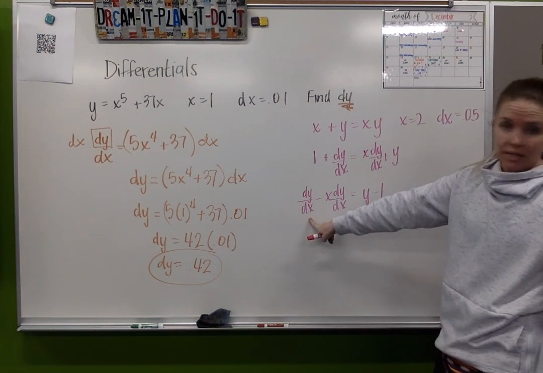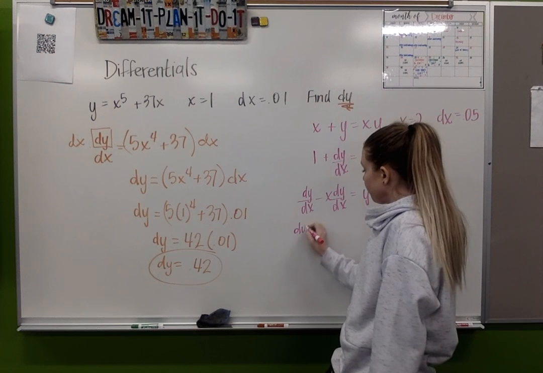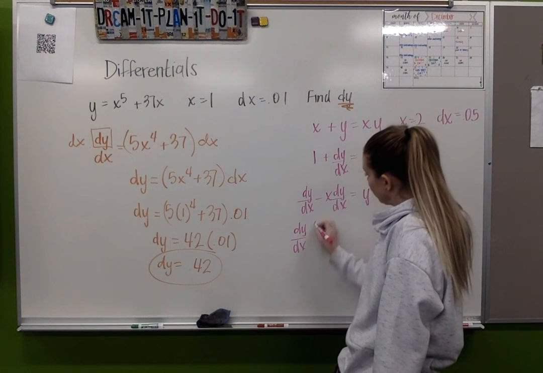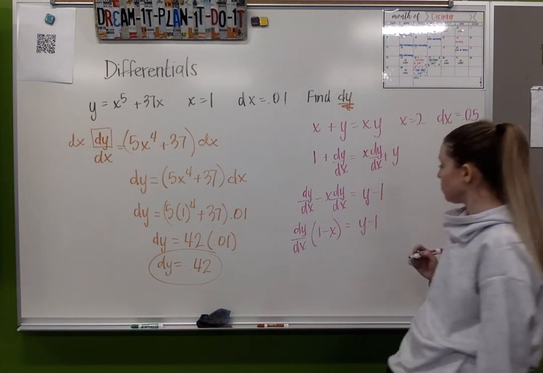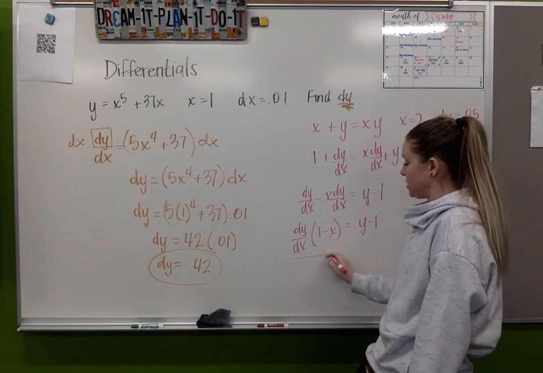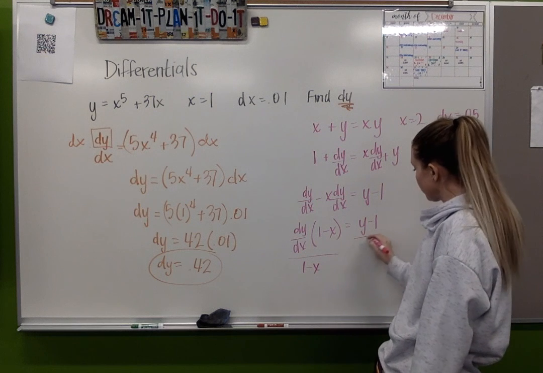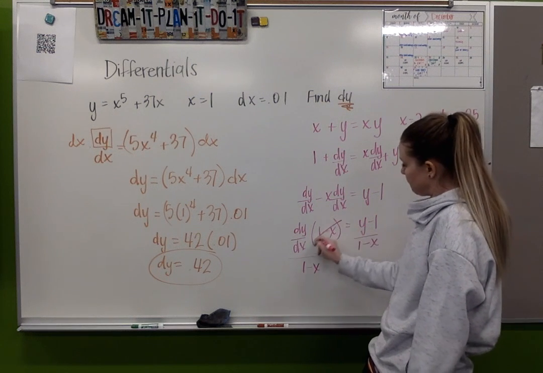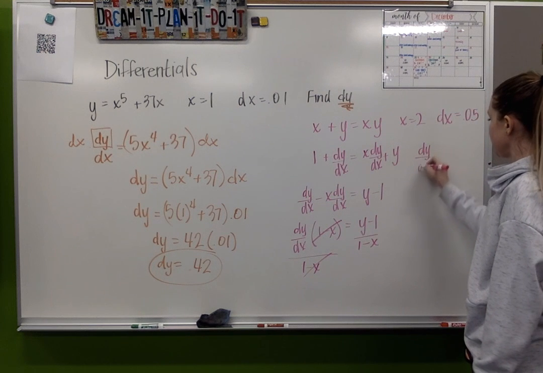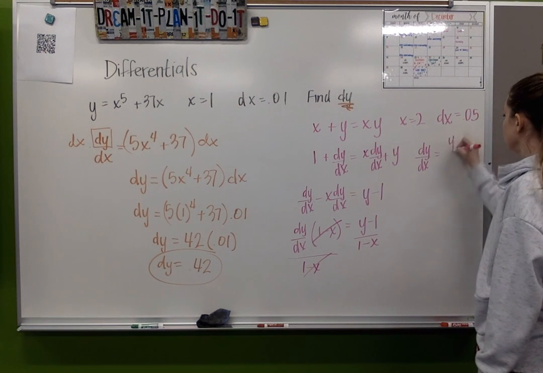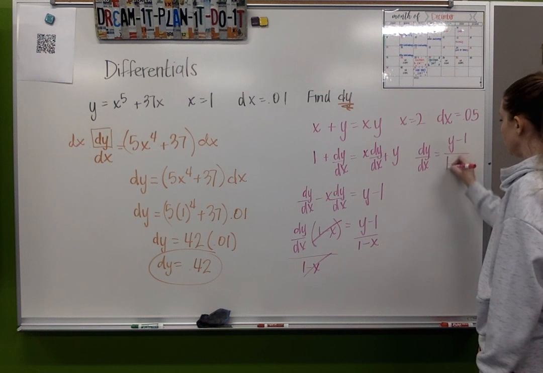We have the two dy dx's, so I'm going to factor that out. dy dx times (1 minus x) equals y minus 1. I'm going to divide the 1 minus x over. And I'm looking at my dy dx equals (y minus 1) over (1 minus x).